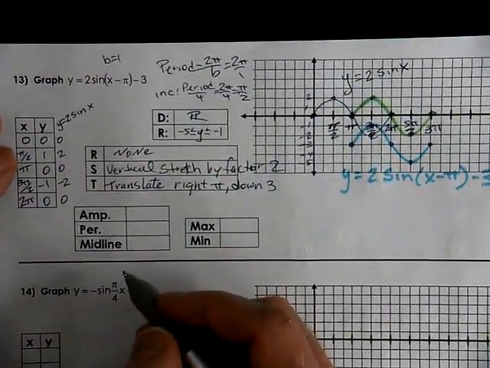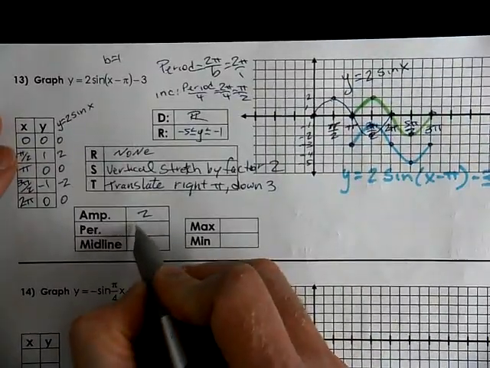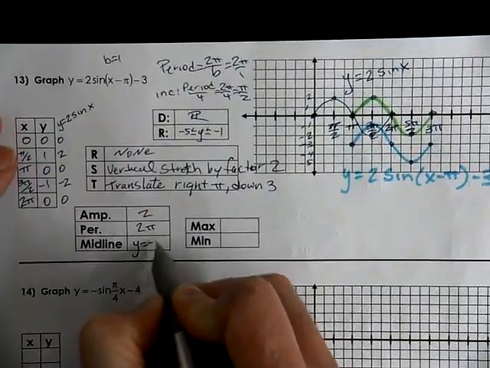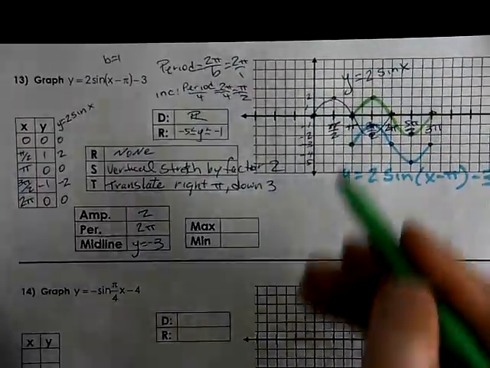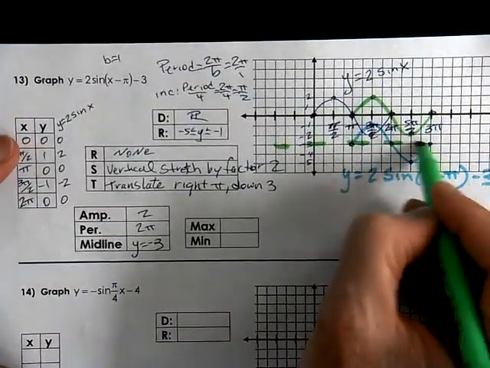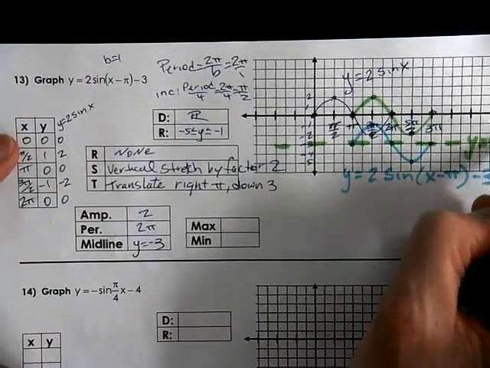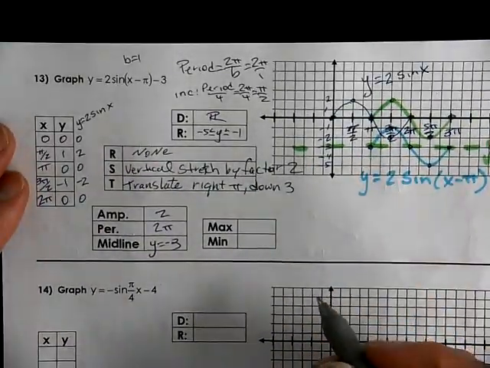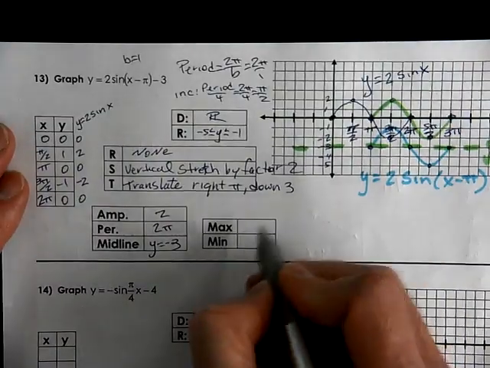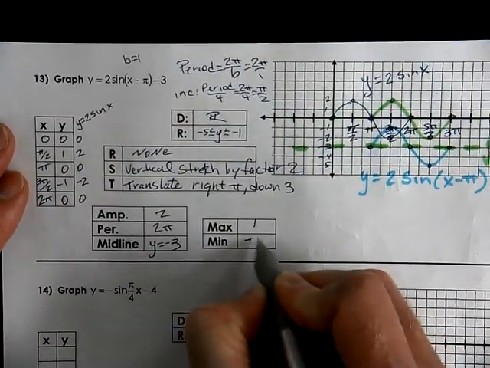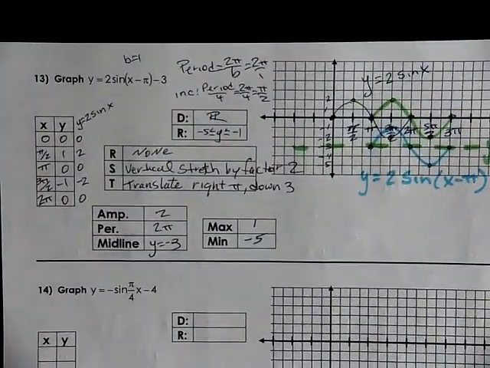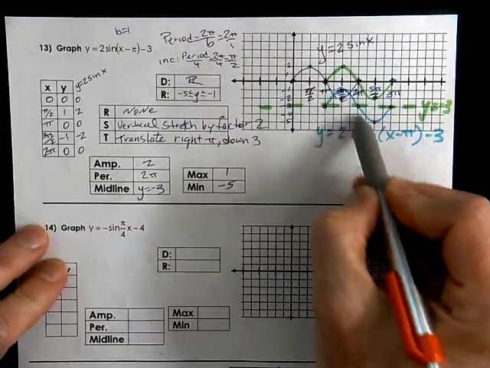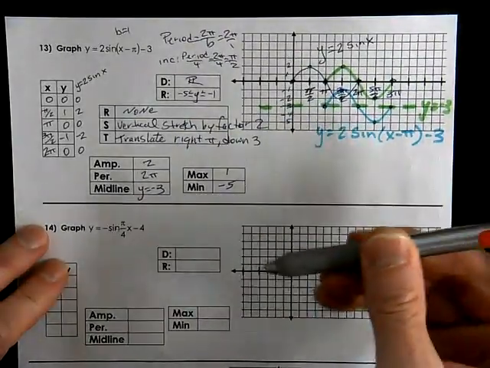Our amplitude is 2. We said the period was 2 pi. The midline is y equals negative 3. So I should put that in here. We have a maximum value at 1 and a minimum value at negative 5. This maximum value of the blue graph, that's the final graph, that was at negative 1.